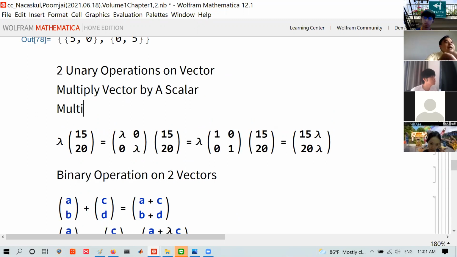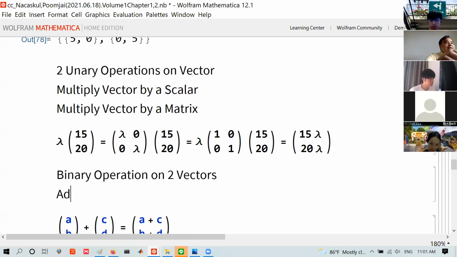You can multiply vector by a matrix. You can add two vectors. That's it. That's it.